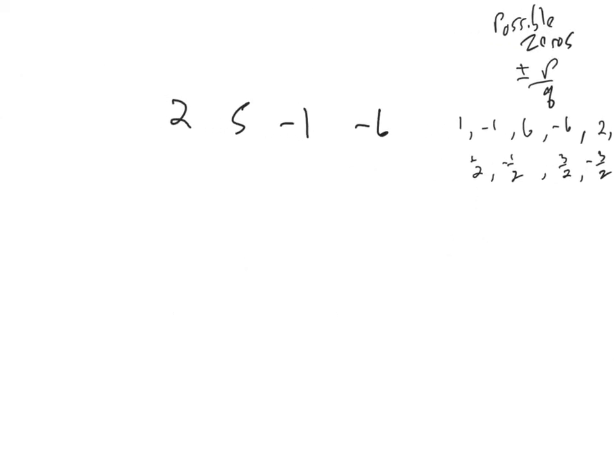But let me just play around with this. Let me do the first easy one. Try a 1. I'm doing that one right now. So synthetic division. Bring down the 2, 7, 6. There it is. First one I tried. I already have a 0.